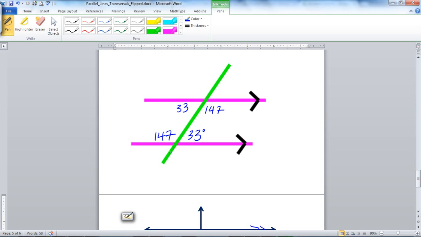And then still remember, this is a line right here, so these two angles add to 180, so 180 minus 33, 147. You could also apply vertical angles right here. That's 147. That's 33. And then alternate exterior, 33 here, 33 there, and 147 here because 147 there.